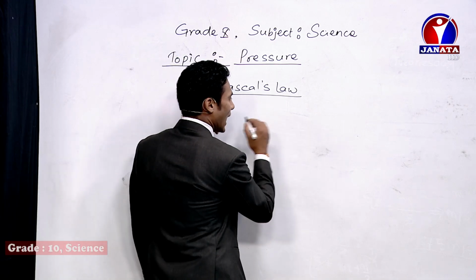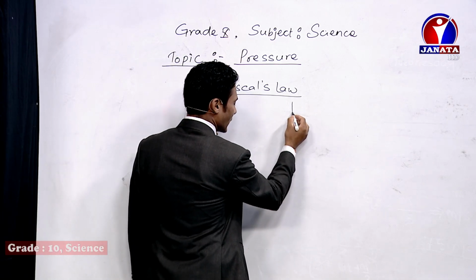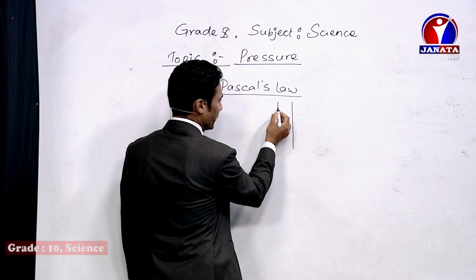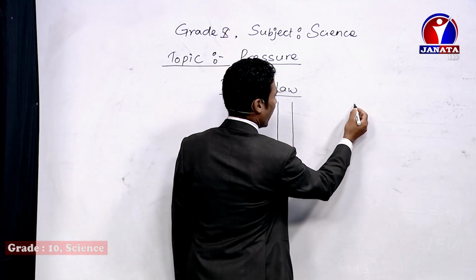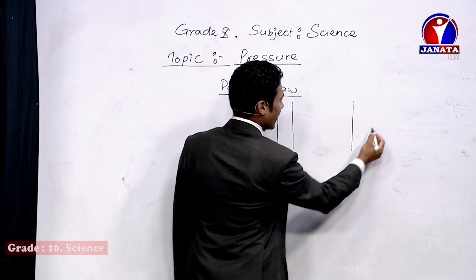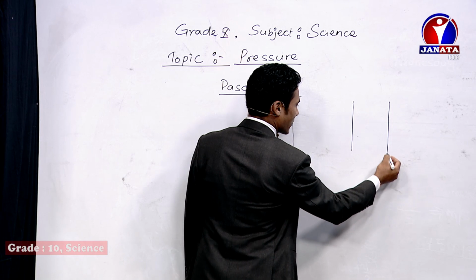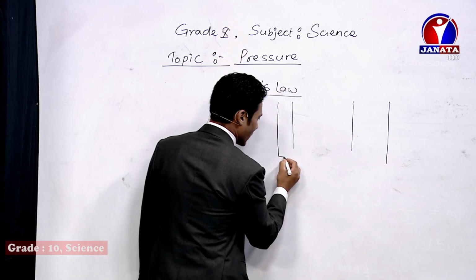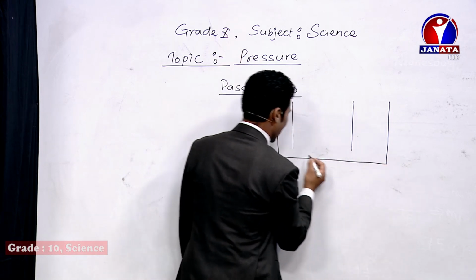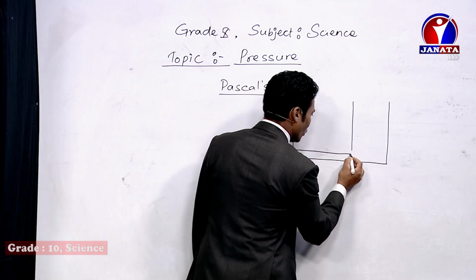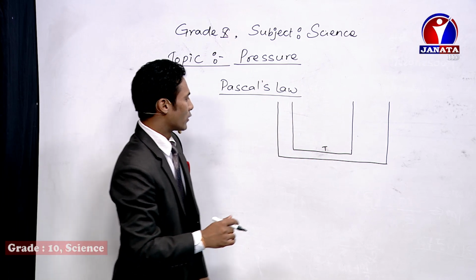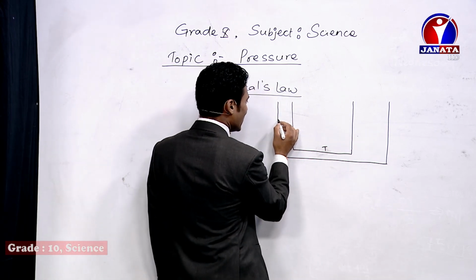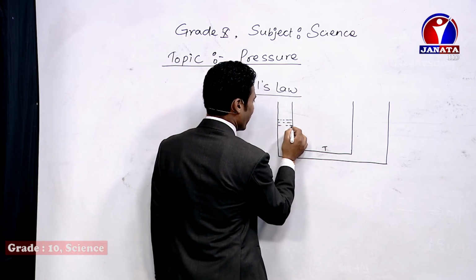The hydraulic machine consists of two cylinders of different diameter. One is of small diameter and the next is of larger diameter. These two cylinders are connected by a tube, let's say T. The fluid, liquid or water, is filled inside it.